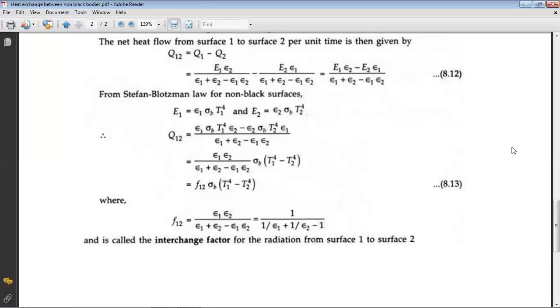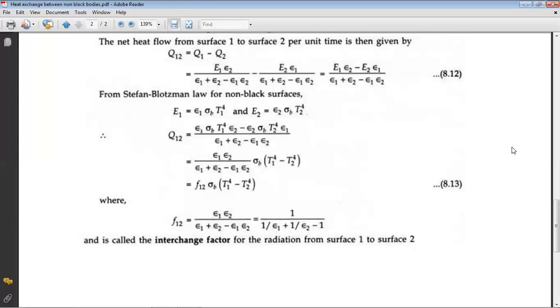The answer is 0, because on a flat plate, the surface does not see itself. Hence, the fraction of energy radiating from surface 1 and falling on the same surface is 0.